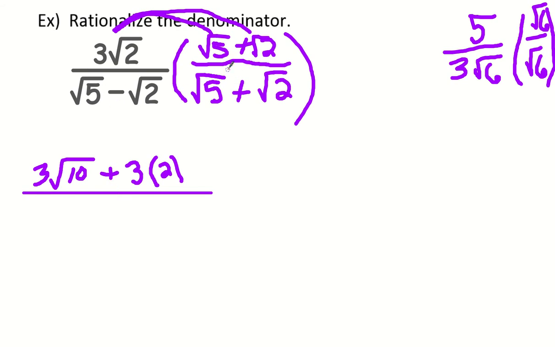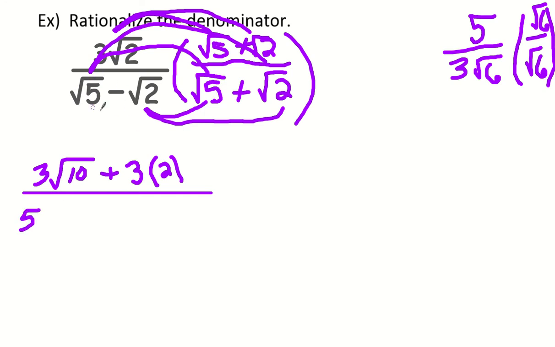So now on the bottom, what's going to need to be done is that FOIL type thing. Okay? Now watch how this just works like a charm. So root 5 times root 5, well, isn't that just 5?